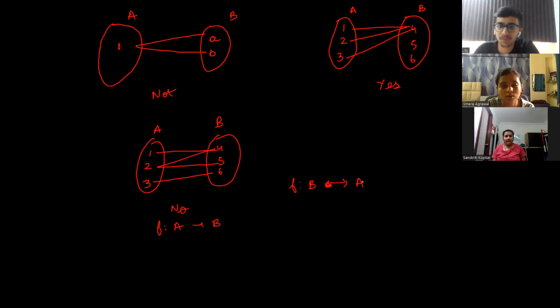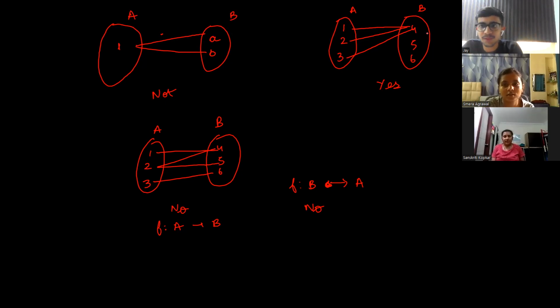In this case also no. ठीक है. What about this case? First one, B to A. Yes, it is a function. In this case, B to A. No, because B के elements ही सारे मतलब उनका image नहीं है, right?